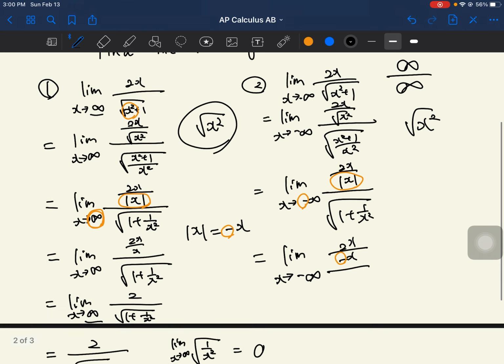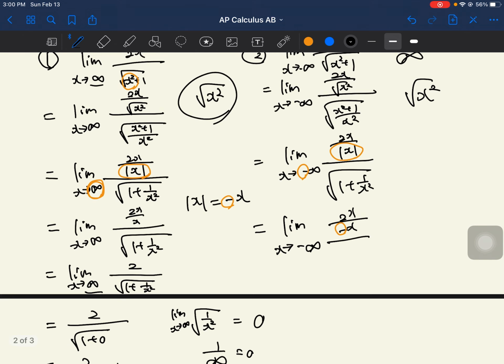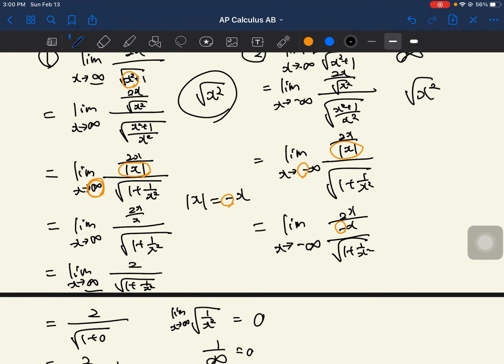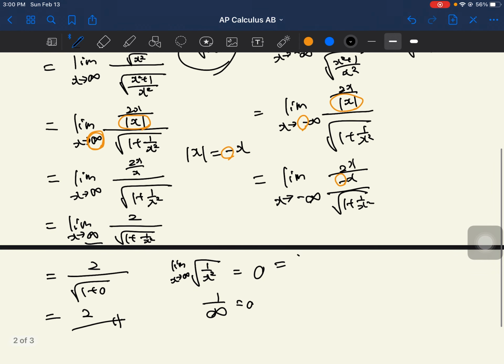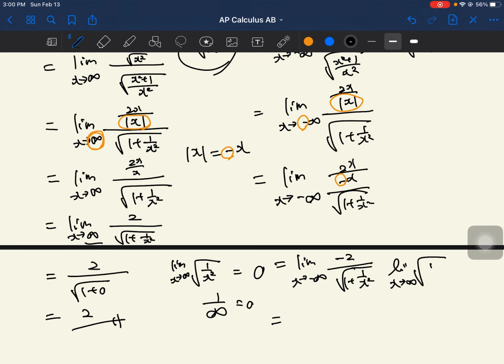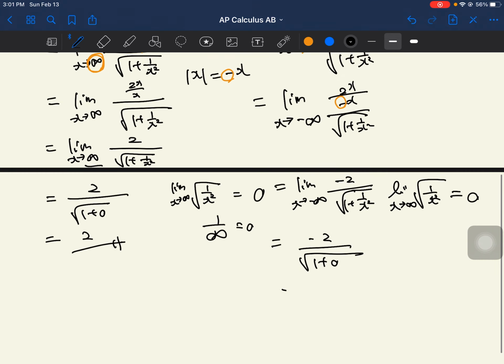And for now it's the same as the last question, times the square root of 1 plus 1 over x squared, equals negative 2 over the square root of 1 plus 1 over x squared. As I explained, the limit of the square root of 1 over x squared is 0. So the answer is going to be negative 2 over the square root of 1 plus 0, which is negative 2.